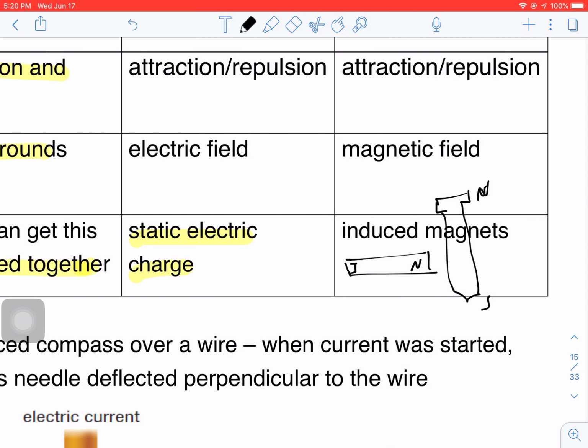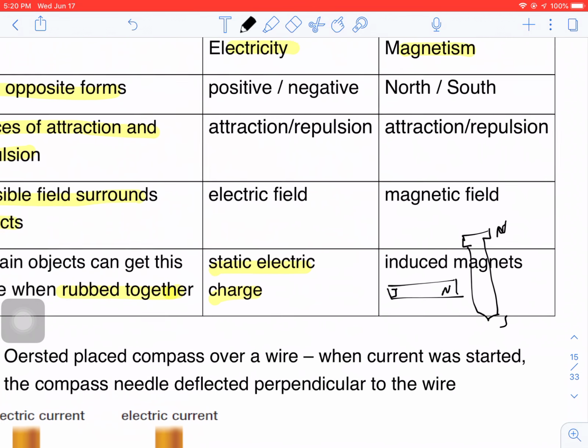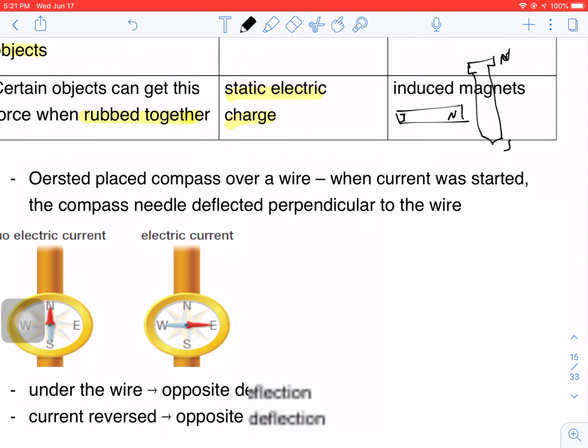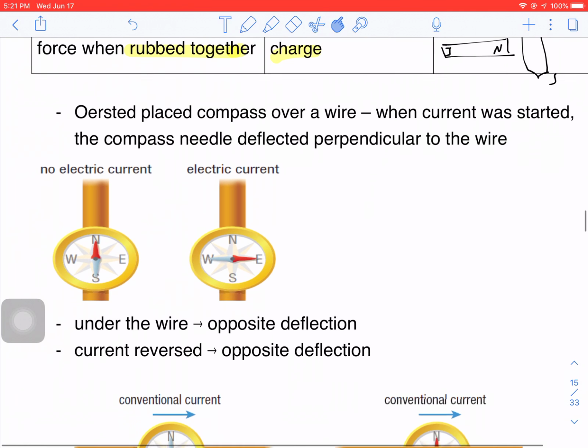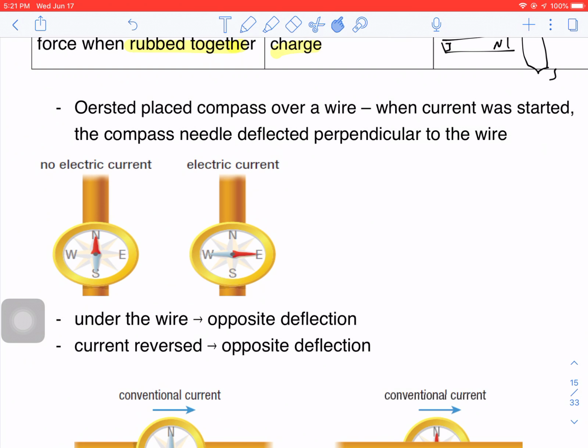So he spent a lot of time trying to figure it out, and ultimately he said, I'm going to try something. So he took a compass, which we know is a magnet, right? The compass needle is a magnet, and he aligned it with the wire and pointed them towards the North Pole. Right? So here we are.